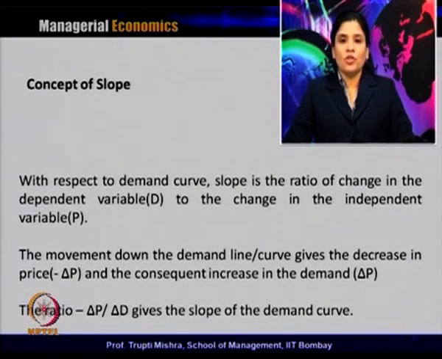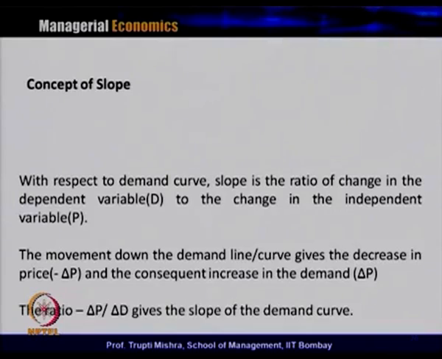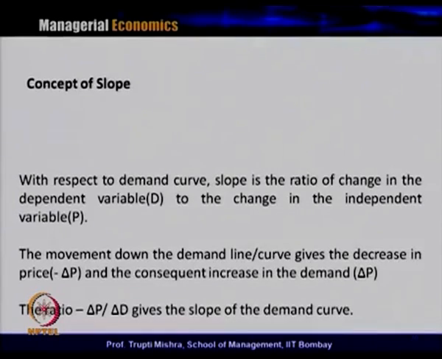Slope is the ratio of change in the dependent variable to the change in the independent variable. Movement down the demand curve gives the decrease in the price, and up the demand curve is the increase in the price, and the ratio of the change in the price and the change in the demand gives the slope of the demand curve.